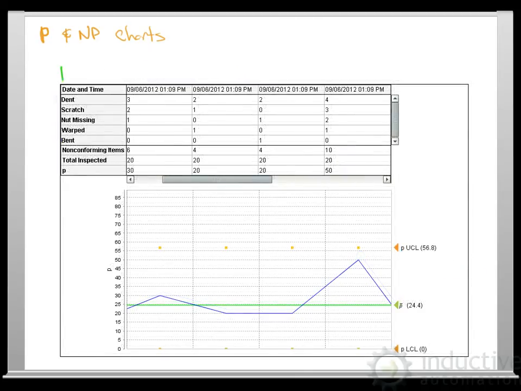Now, if we take a look at the P chart, which is extremely similar to the NP chart, there's one subtle difference. And the P, you can kind of remember it because it's percentage.